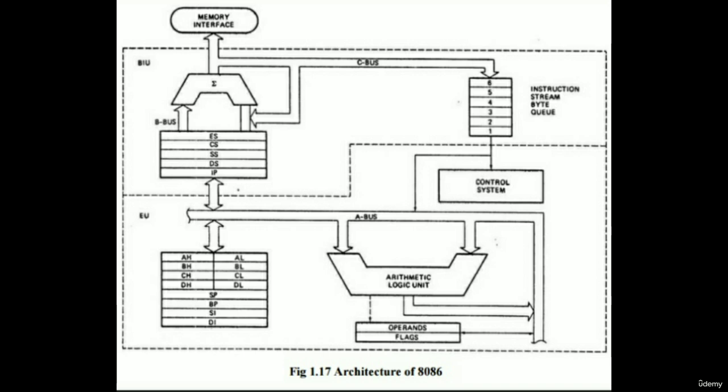So what it has to do is queue more people for the diagnosis. Like the clinic example, more people are standing in the queue to get diagnosed, but there is a limitation of how many people can come at a time. These are the 6, on the right side, as you can see in the BIU, the 6-byte prefetch queue.